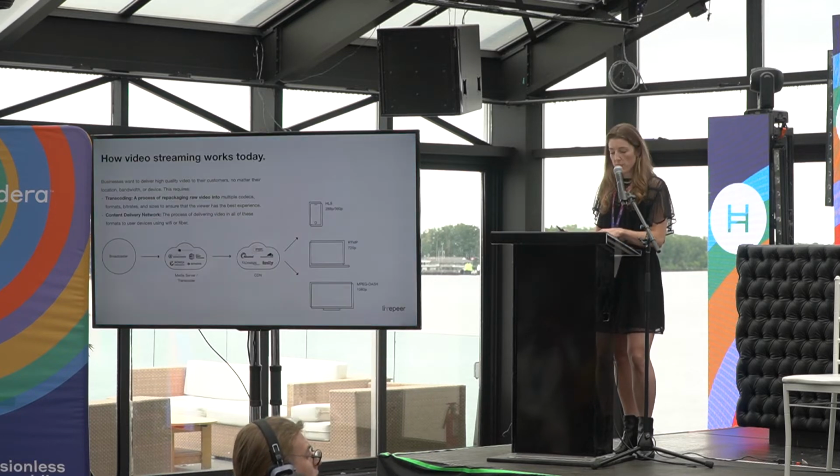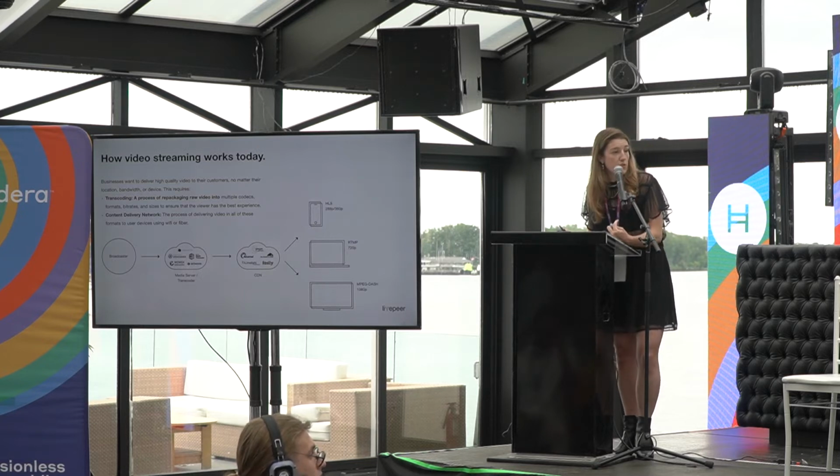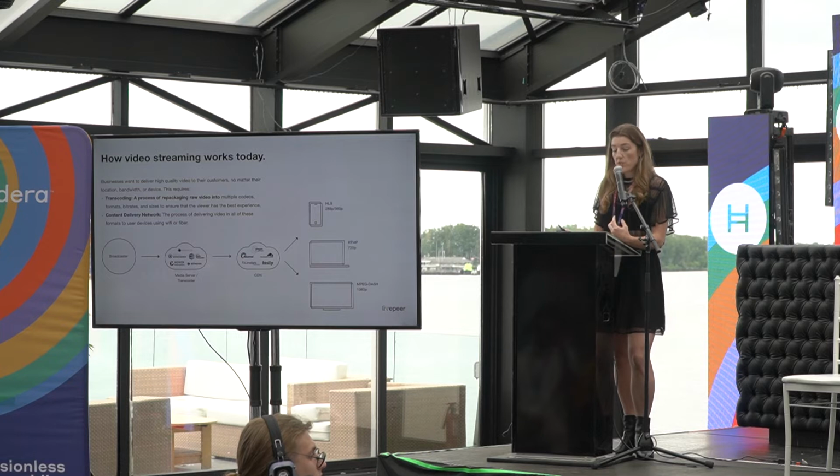So how does video streaming work today? Broadcasters who want to deliver video to their audience, no matter where those users are, first have to transcode raw video into multiple formats and sizes to ensure the viewer has the best experience. Once video is transcoded, it then needs to go through a content delivery network to reach users on any device.